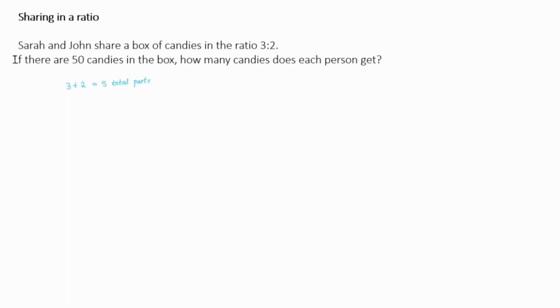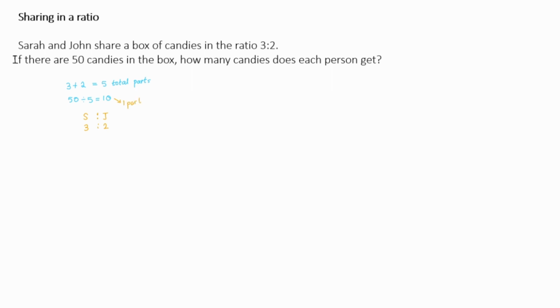We have 50 candies, so we are going to do 50 divided by 5, which means that each part is represented by 10 candies. We know the ratio for Sarah and John, so we can write S for Sarah and J for John. So the ratio of Sarah to John is 3 to 2. We know that 10 represents 1 part.